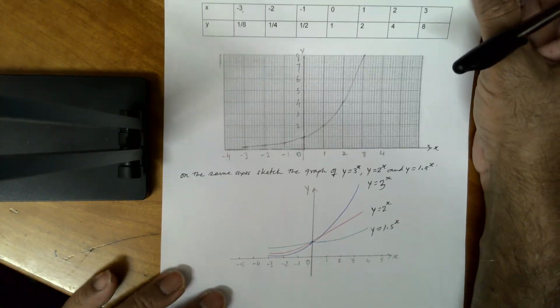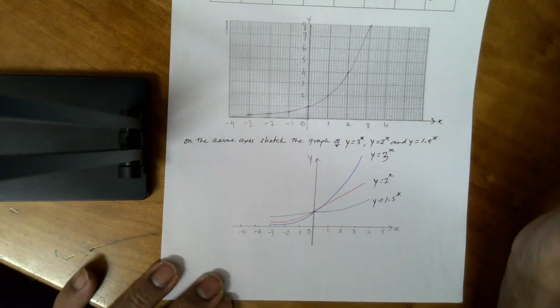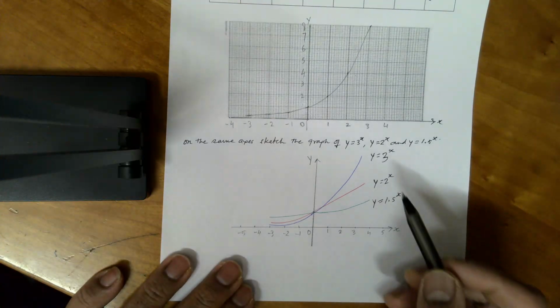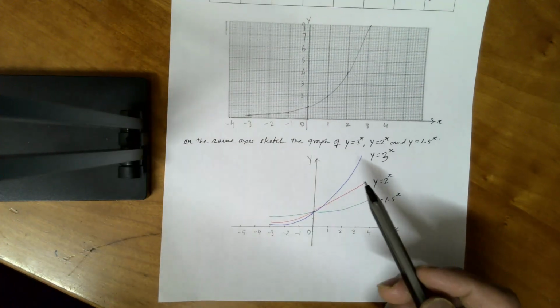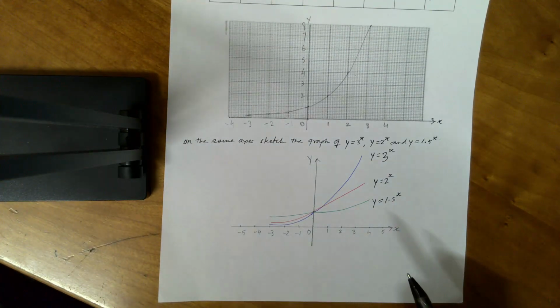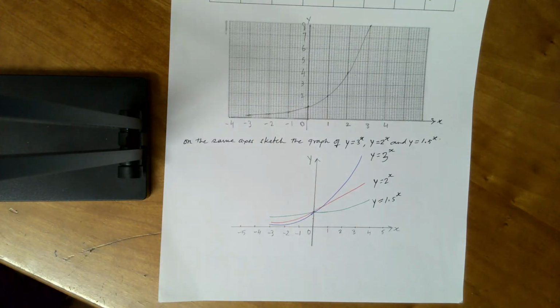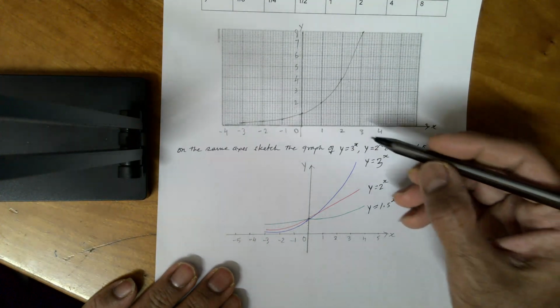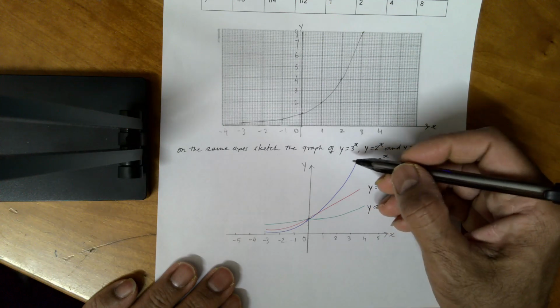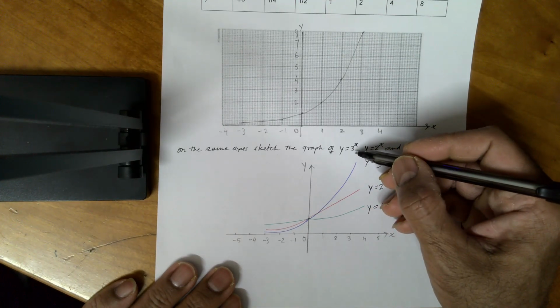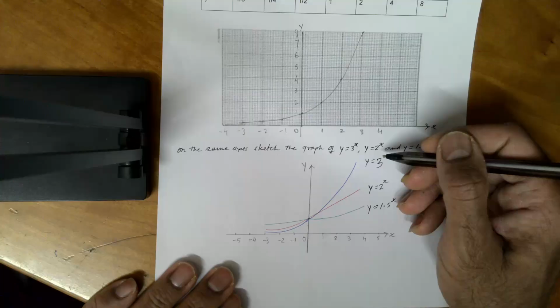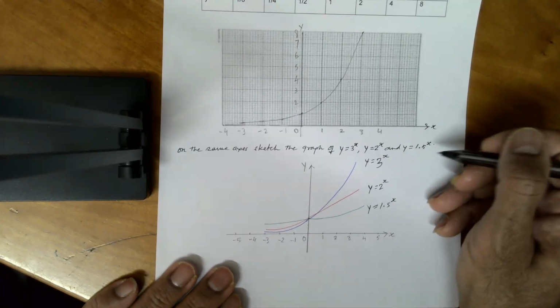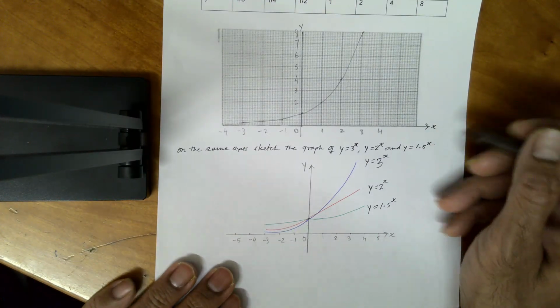Now, with some examples, we will sketch the graph and discuss how the graph looks, the nature of the graph with the exponential function. Here, you have been given y equal to 3 to the power x, y equal to 2 to the power x, and y equal to 1.5 to the power x.